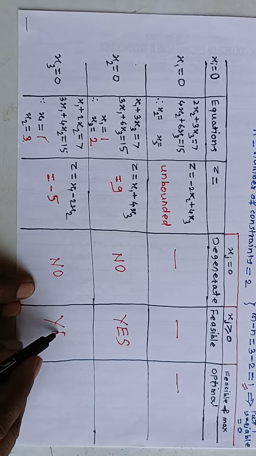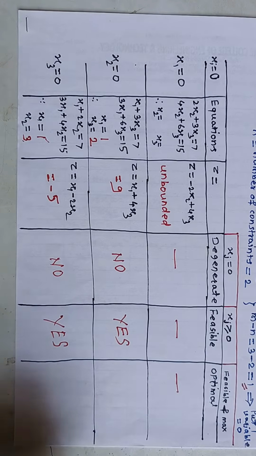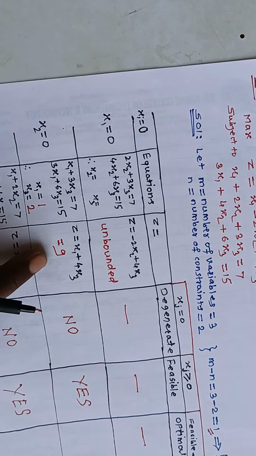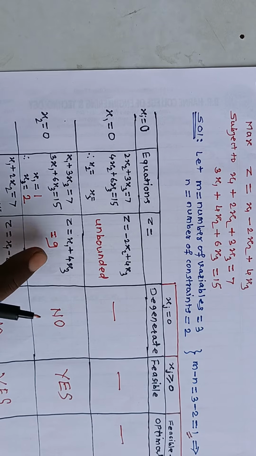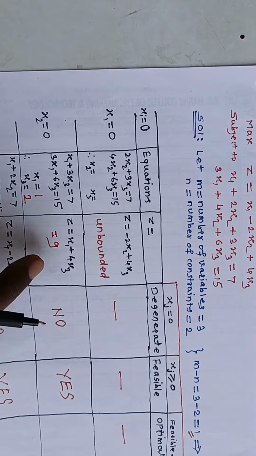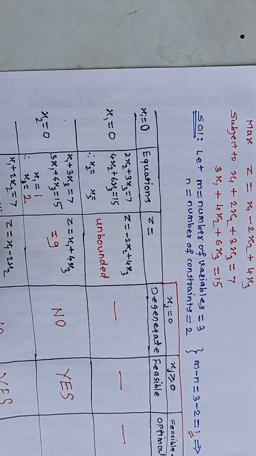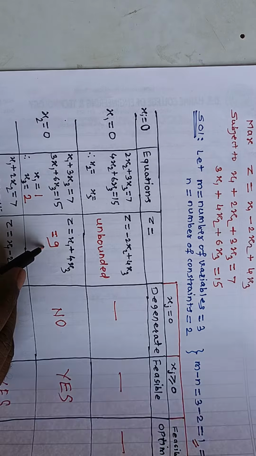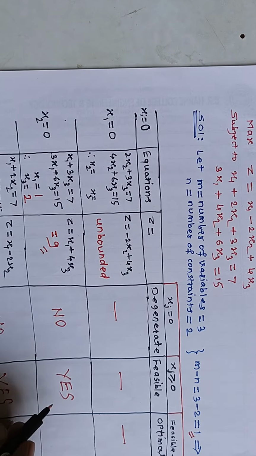Now you can obtain optimal. Now here 9 is a positive value which is greater than minus 5. Okay, this is a positive value which is greater than minus 5, and this is the maximum value of z. And feasible solution, yes, it is feasible also.